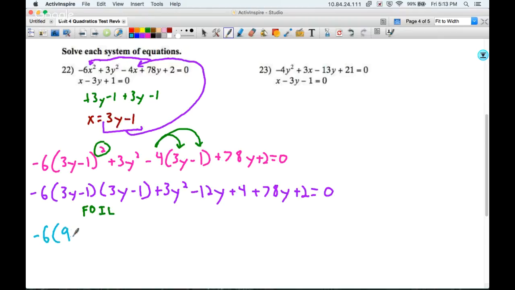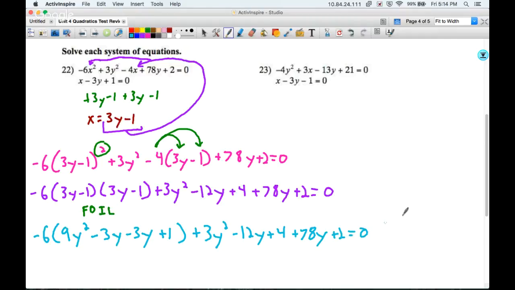I multiply my first terms, I get 9y squared. 3y times 3y is 9y squared. Are you good with that? Yes. Okay, good. Minus 3y plus 1. I do my first, outside, inside, and last terms. Plus 3y squared minus 12y plus 4 plus 78y plus 2 equals 0.